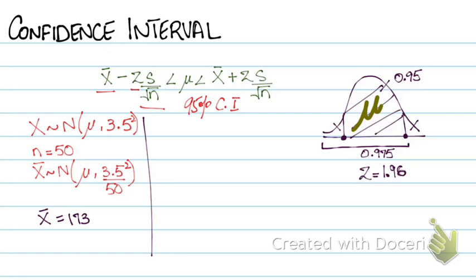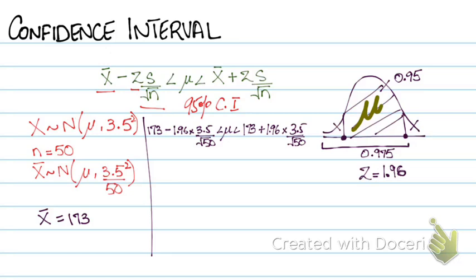Now using the formula, 173 minus 1.96 into 3.5 over root 50. Same thing on the other side. 173 plus 1.96 into 3.5 over root 50.